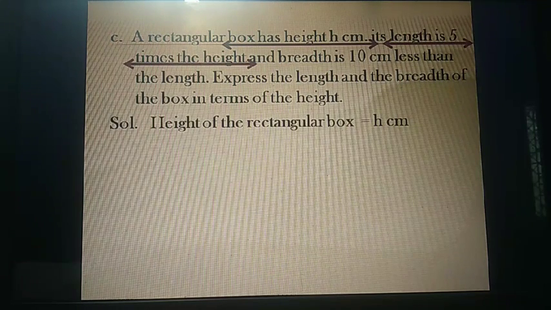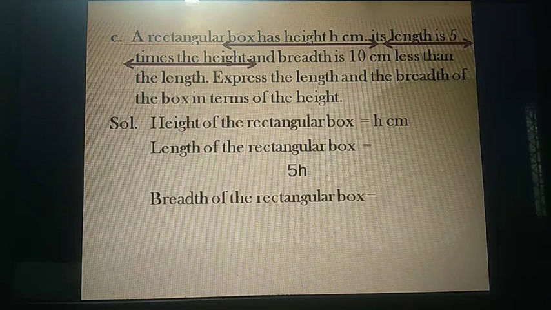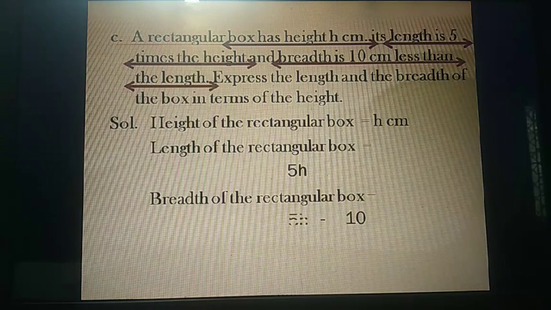Next, length is 5 times the height. So length of the rectangular box is 5h because it is 5 times the height. And the breadth is 10 centimeter less than the length. Now what is length here? Length is 5h and breadth is 10 centimeter less of length. So length is 5h here.